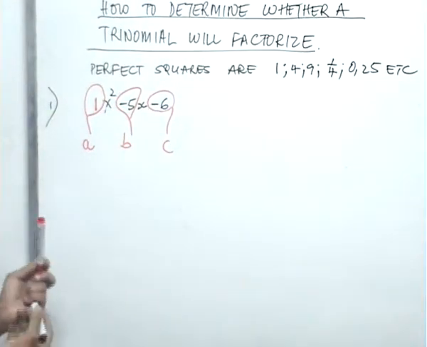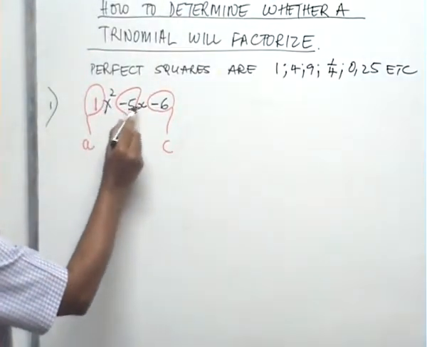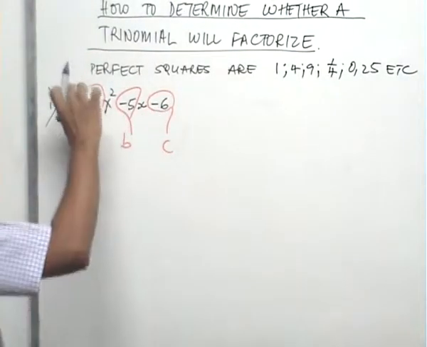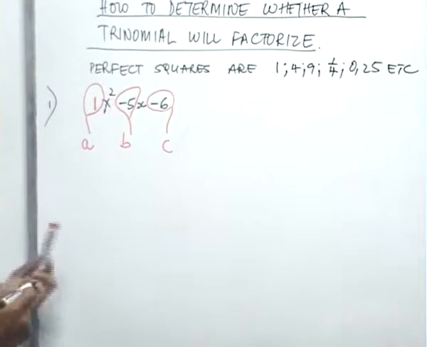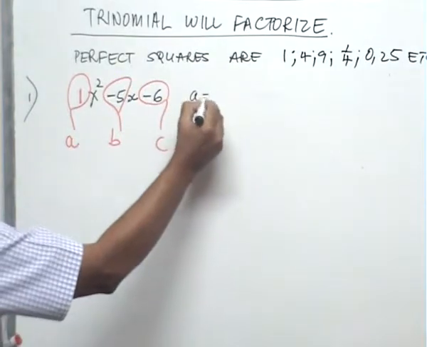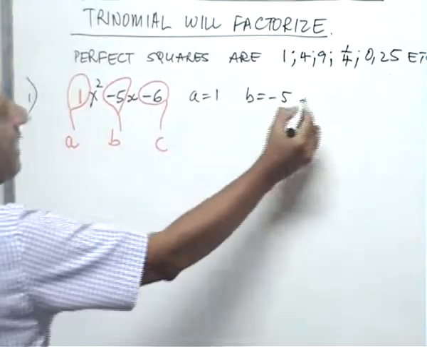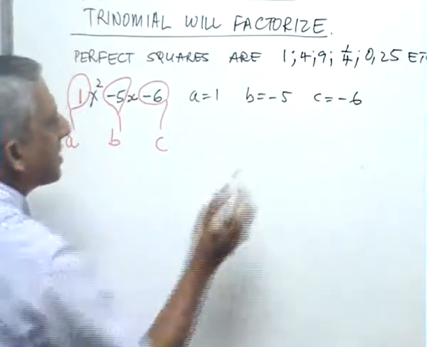Now, if you want to work out A, B and C, your trinomial must be set like this: x squared minus 5x minus 6. It must be set in descending order, right? So first you have to identify A, B and C. In this example, A is 1, B is minus 5 and C is minus 6.